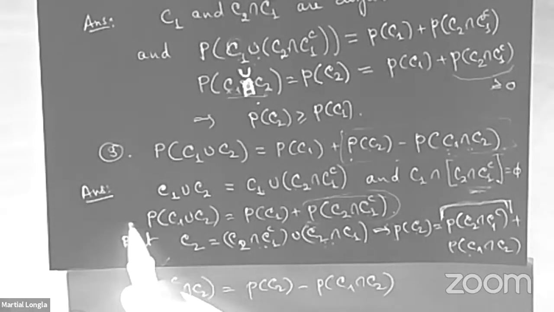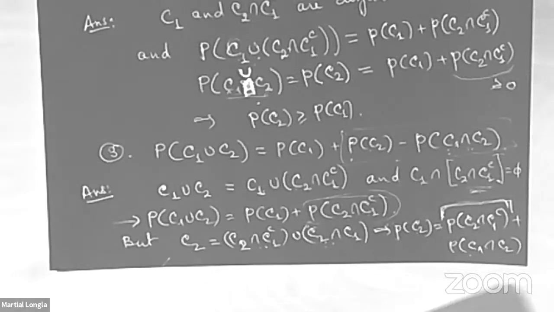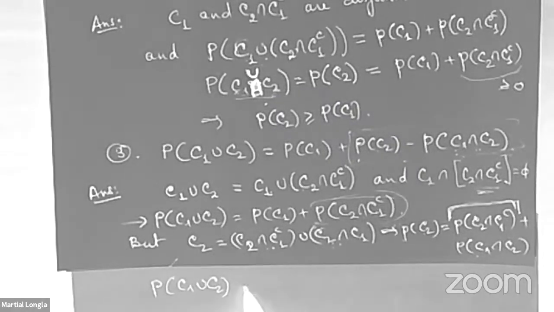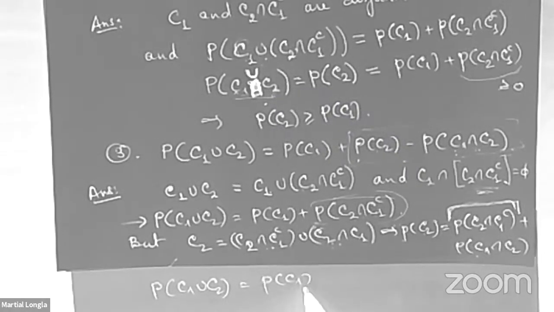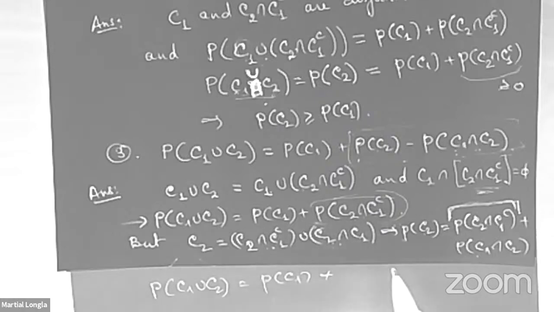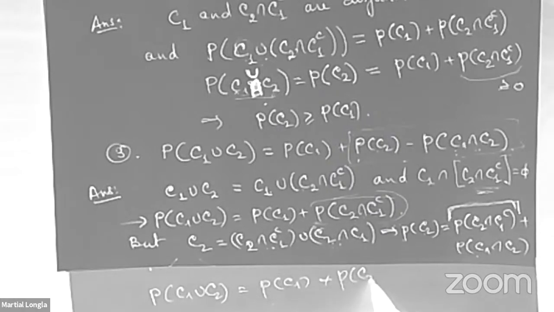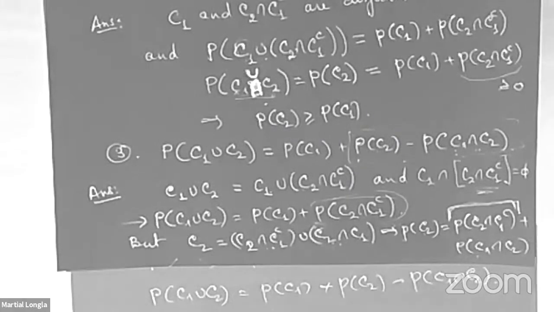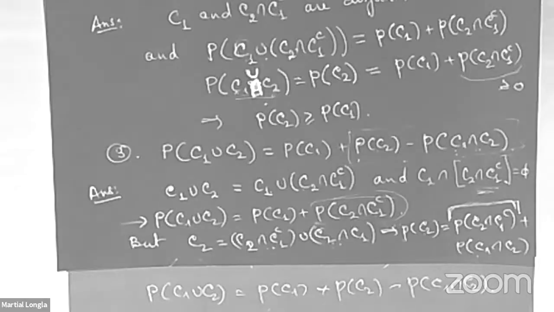And we take that back into this formula here, and we get P of C1 union C2 equals P of C1, that's the first part, plus P of C2 and C1 complement, which is what we just got, P of C2 minus P of C1 and C2. That's it. That's how you prove that formula.